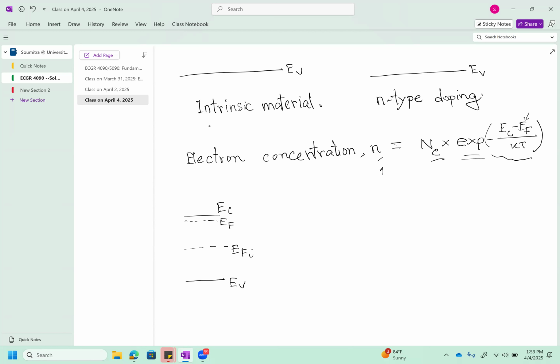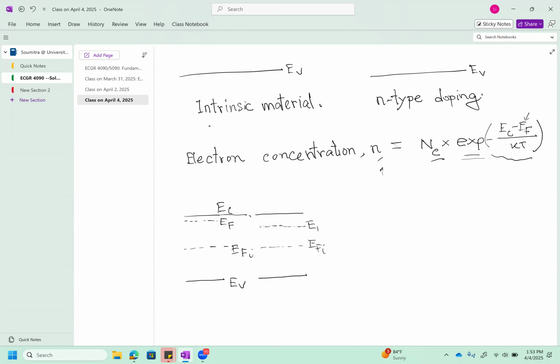But then we dope the next part of silicon with relatively low doping. So this is my EFI. Because I dope it low, my EF would be a little lower compared to the previous one.